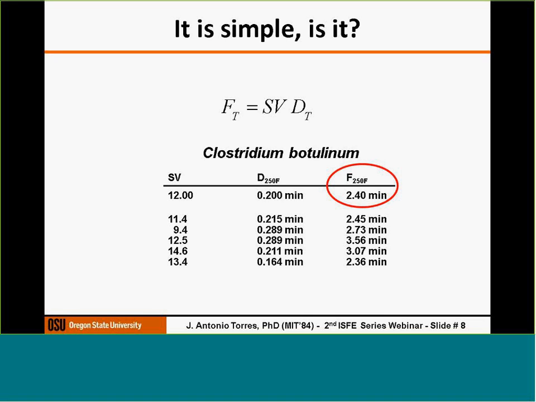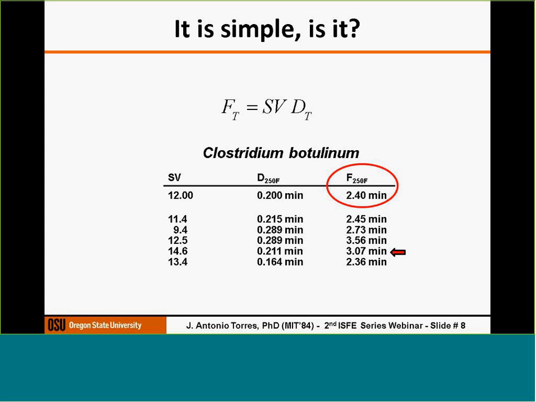So what should I do? What value should I use? Well, let's take one of the worst values, whatever you want to do, 3.56 or 3 or 7. And is that good enough?